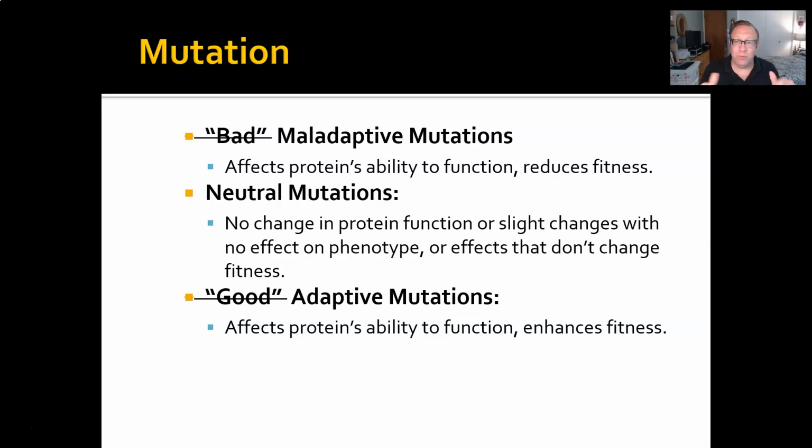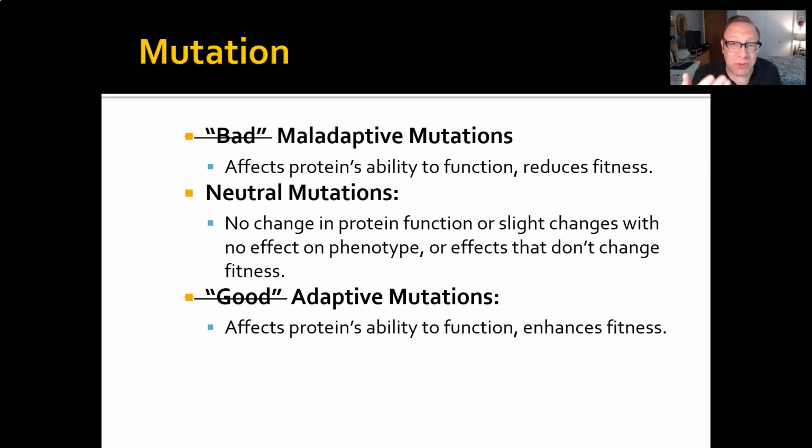Adaptive genes, on the other hand, will increase fitness. But again, remember, this is in relation to a particular environment. If the environment changes, what was a maladaptive gene can now be an adaptive gene. So this sort of label is context dependent.